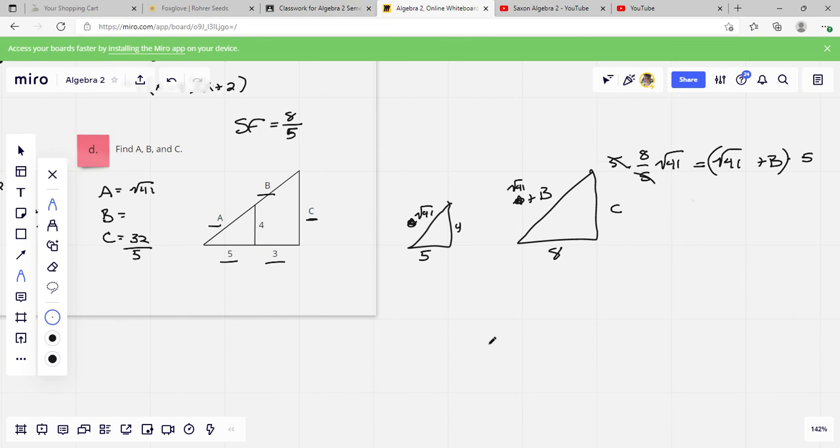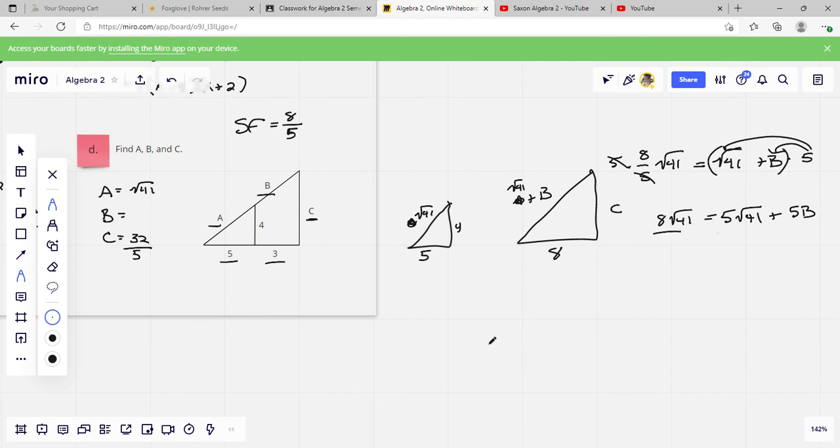And now I have 8 times the square root of 41 equals 5 times the square root of 41 plus 5B.